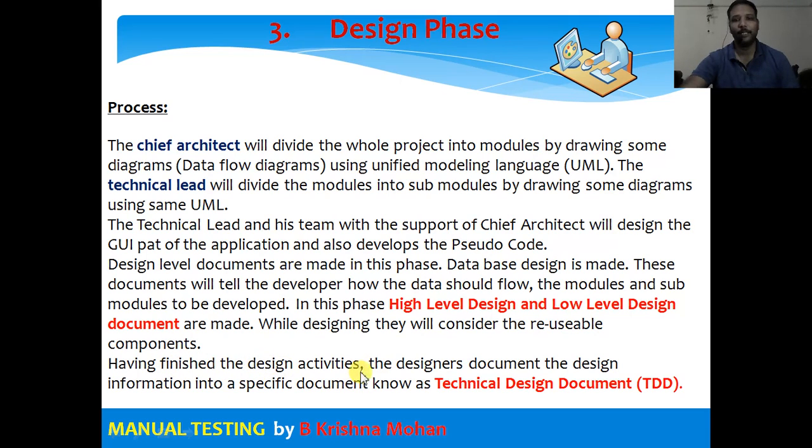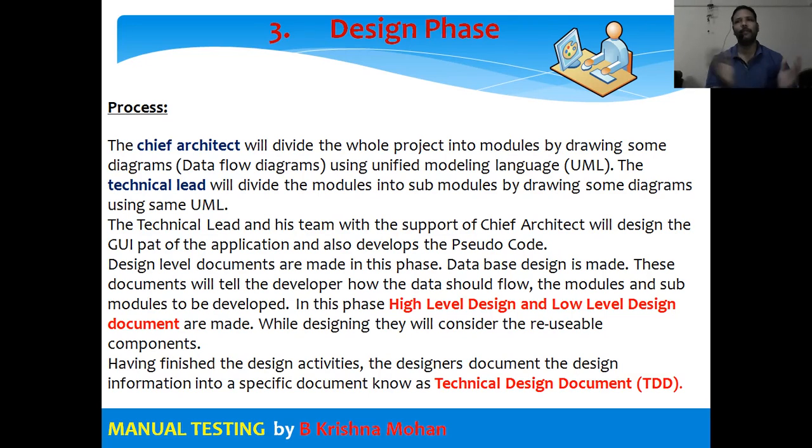Having finished the designing activities, the designers document the design information into a specific document called the technical design document. These high-level designs and low-level designs are documented in a document called the technical design document. In some companies, they make individual documents, high-level design and low-level design separately, two documents.